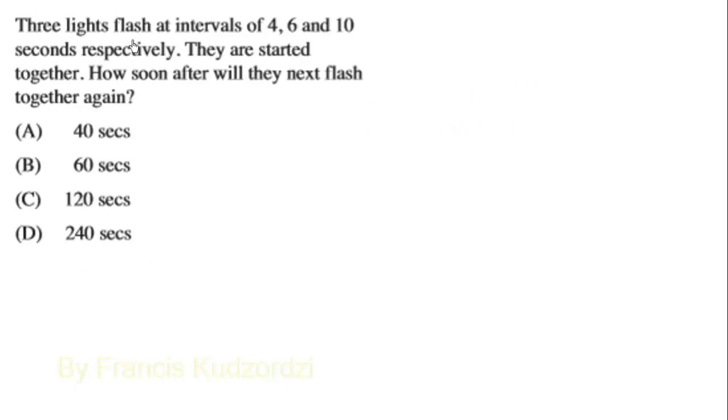3 lights flash at intervals of 4, 6, and 10 seconds respectively. They are started together. How soon after will they next flash together? So soon after means the least time that they will flash together. The one that is flashing in intervals of 4 will go 4, then 8, then 12, in that order.